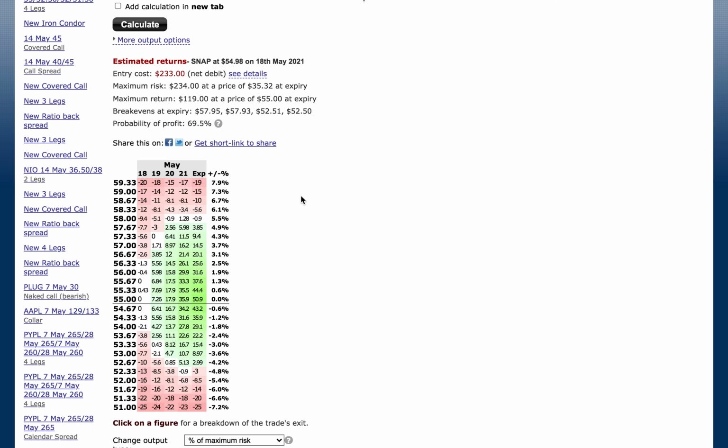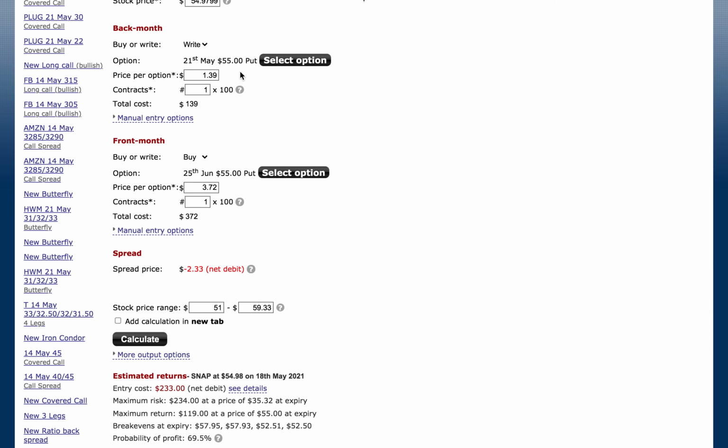Now, this is a theta gain strategy. This strategy does profit from theta decay. The reason is that we're selling a put and then buying a put. But since the put we're buying expires way further out, the theta on the put we're selling is going to be a lot higher, because remember, theta gets higher the closer you are to expiration.